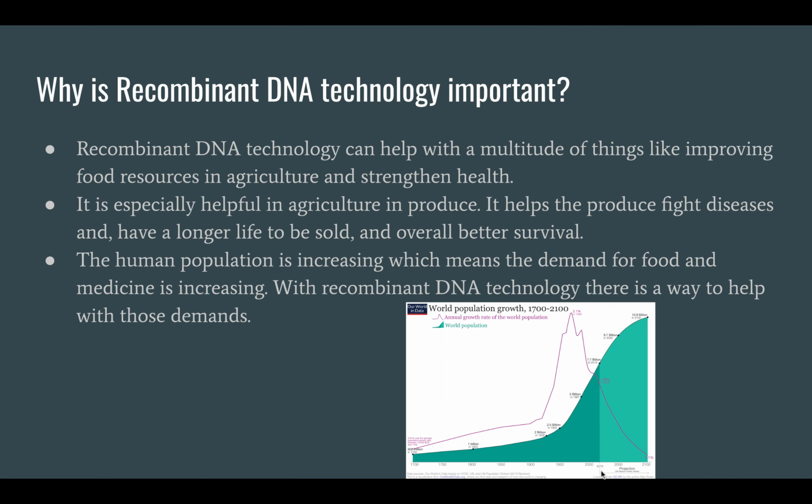Obviously this was in 2019, if you can read that down there. So we're probably about right here, which would be about 8 billion. And as you can see, we're set to grow a lot more. So recombinant DNA technology is going to help tremendously with getting more food out and medicine as the demands get higher.